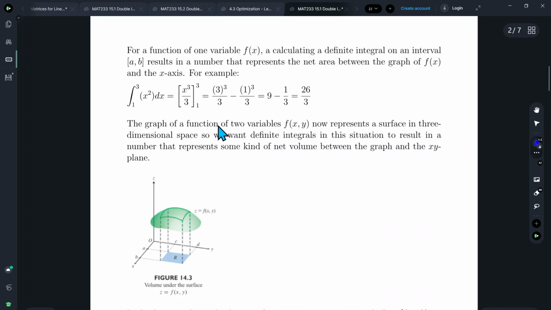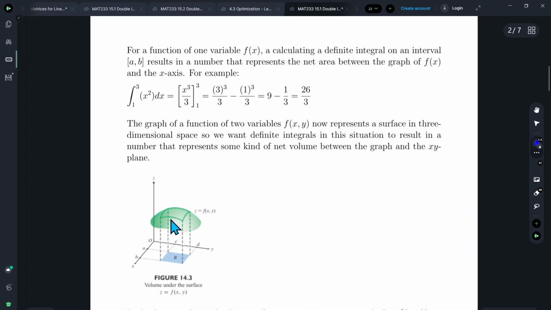If we now take a look at a function of two variables, the graph looks like a surface within three-dimensional space, and so we want a double integral calculated over a rectangular region like this to represent some kind of volume.